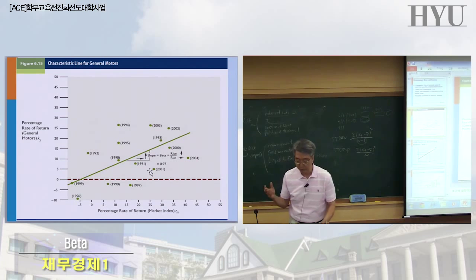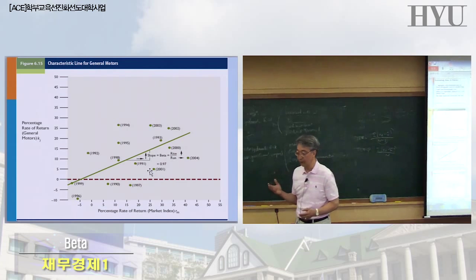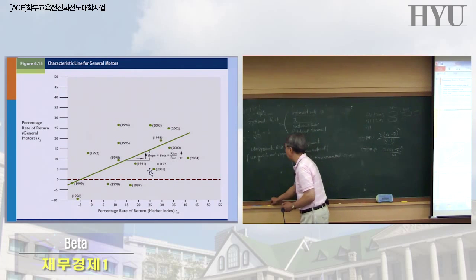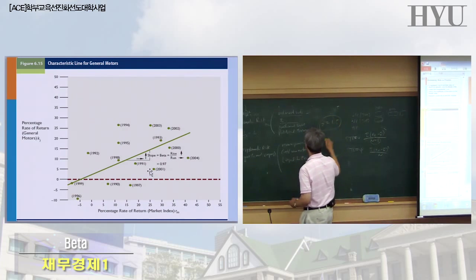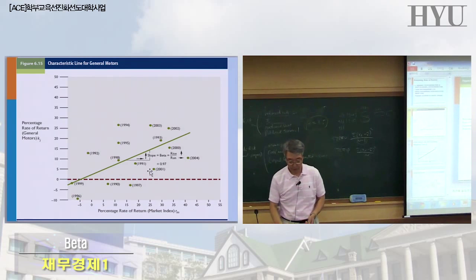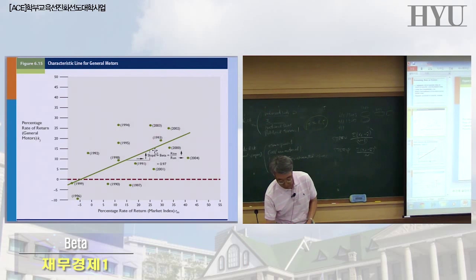And if the slope comes out to be 1.5, let's say, suppose beta came out to be 1.5, what that means is this vertical change, the rise, is 1.5 every time the horizontal change is 1, right?